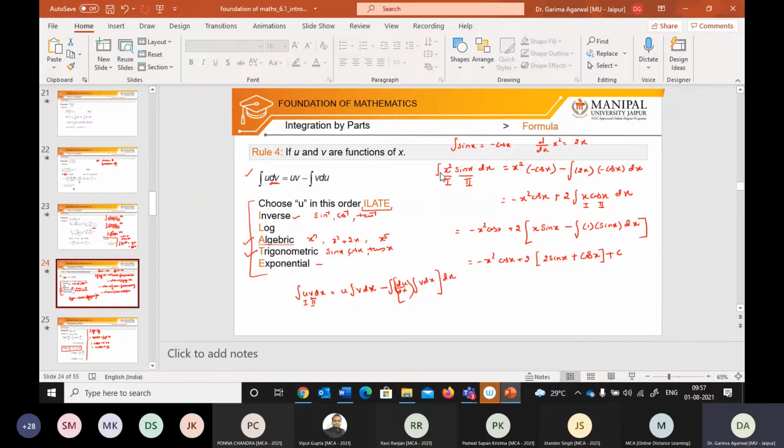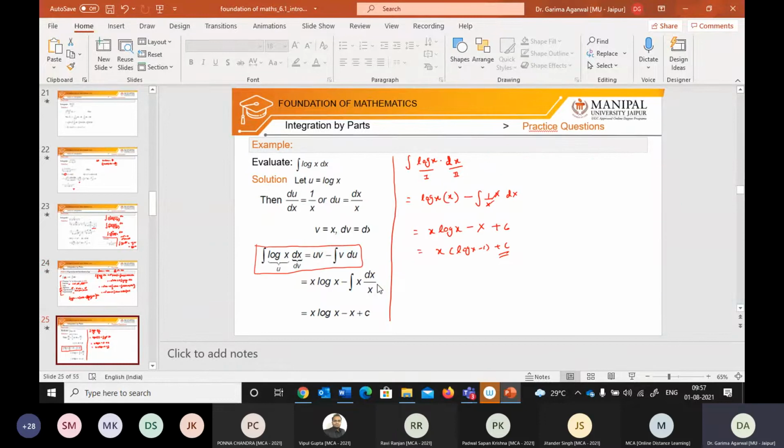So the order of these functions can be decided by this sequence: inverse, log, algebraic, trigonometric and exponential. Then the formula is: first term as it is, integration of the second term, minus integration of the differentiation of the first term and the integration of the second term. This is the formula of integration by parts.